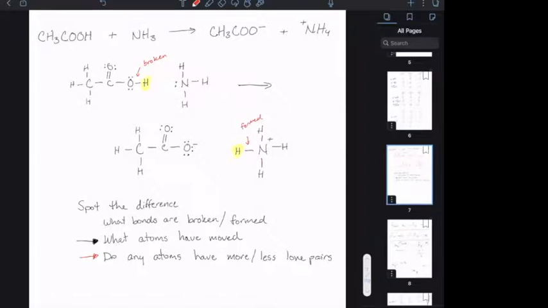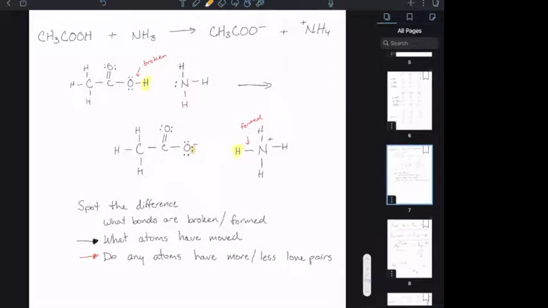So one atom in particular has one extra lone pair on the right-hand side compared to the left-hand side. What atom is that? Okay, yeah, so that would be oxygen here. It has this extra lone pair on the right-hand side that it doesn't have on the left-hand side.